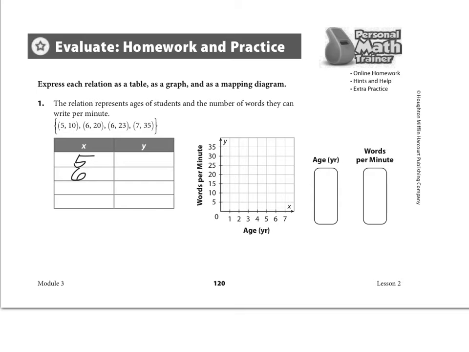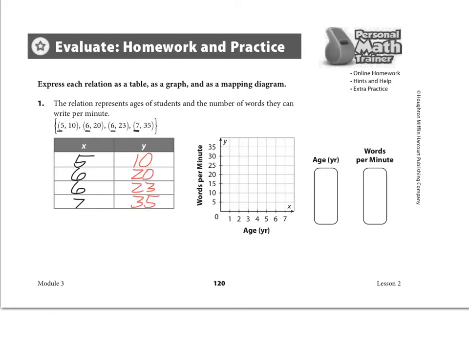Now, you can list 6 again here in a table, and we're going to show the difference between a table and mapping here in just a second. So right here, those are all our x's, our domain values. Okay, our y's are 10, 20, 23, and 35.